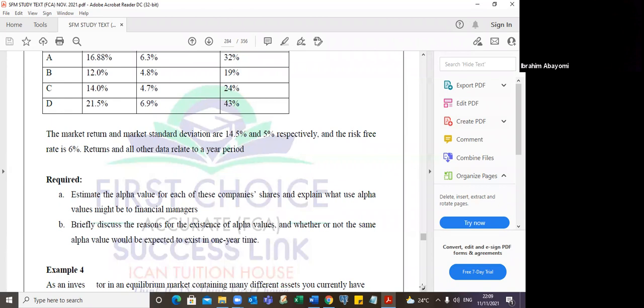I repeat, alpha value is the difference between the expected return on a security and the required return on that security. So in mathematical terms, alpha value is equal to expected return minus required return.